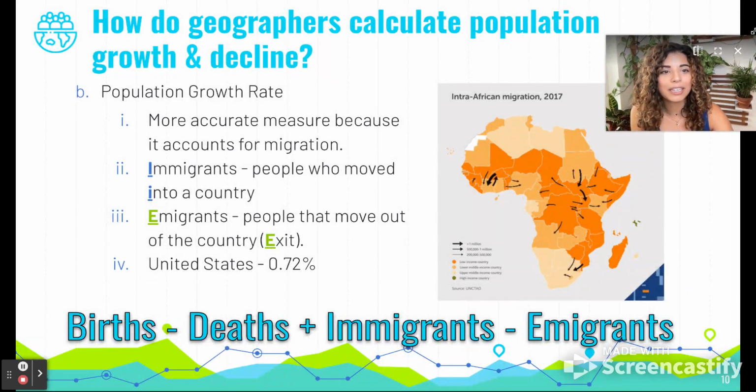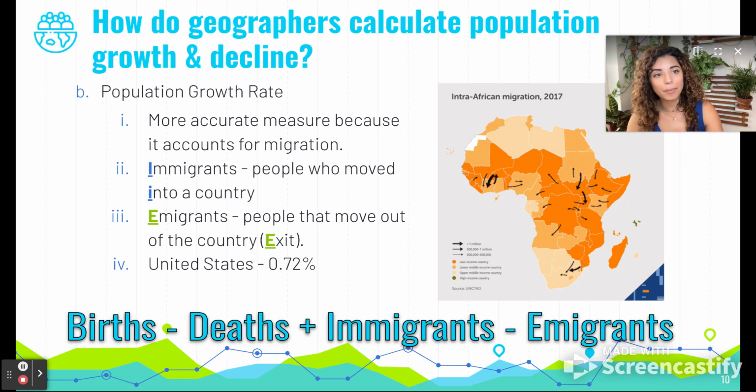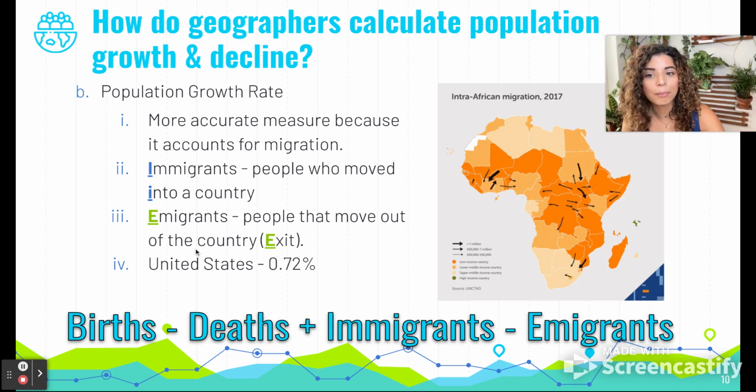In terms of continuing to calculate population growth and decline, population growth rate is a general one. It's not just birth and death. This is more accurate because it accounts for migration as well. So make sure that you know the distinction between immigration and emigration. Immigrants are people who moved into a country, I for into. And emigrants are people that move out of a country, E for exit.